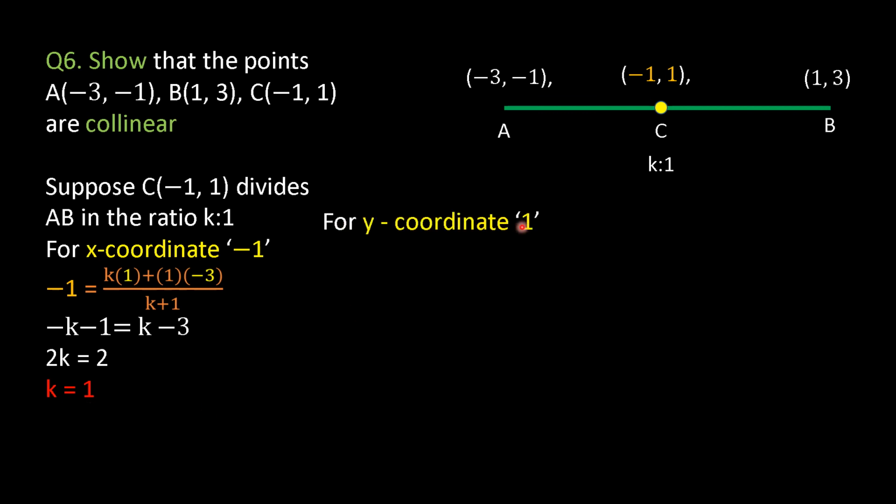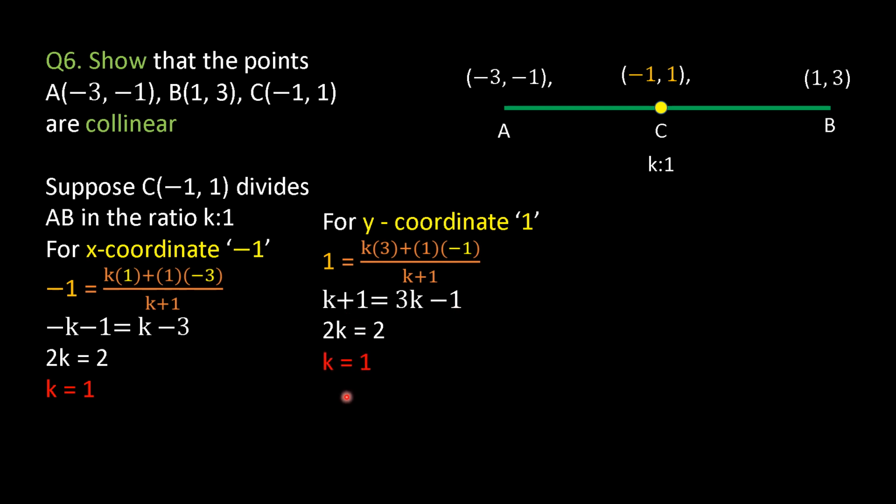For the y coordinate 1, 1 equals (k times 3 plus 1 times minus 1) upon (k plus 1). It will be k plus 1 equals 3k minus 1. That will be 2k equals 2.